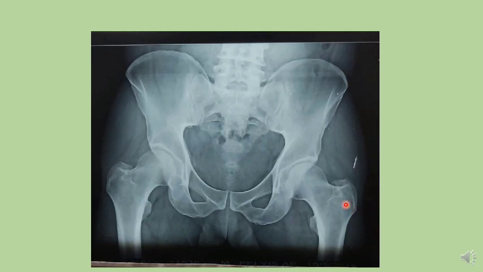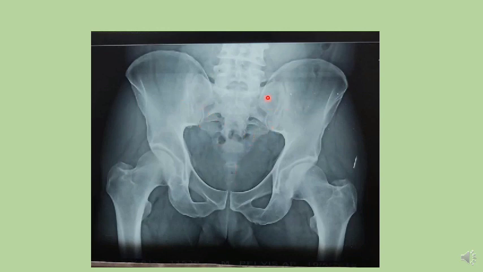So this is plain radiograph of pelvis AP view showing hip bone, upper ends of femur, hip joints both, pubic symphysis and sacrum and lower lumbar vertebrae. You can see this is coccyx, this is sacrum.